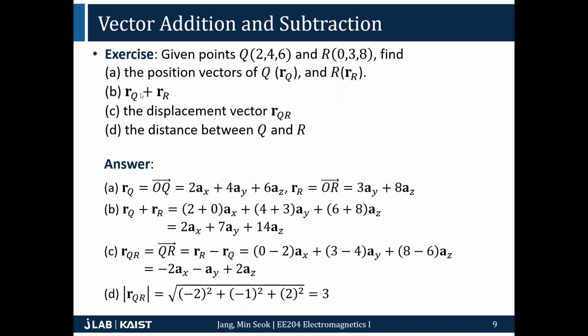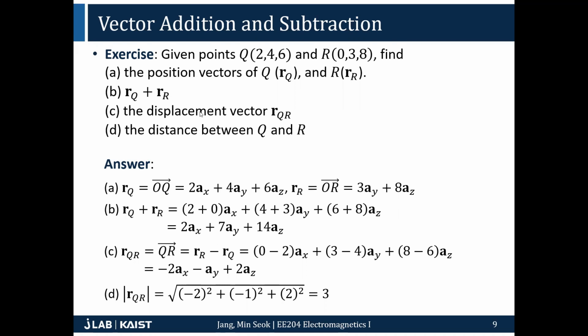And then RQ plus RR is again adding component by component: 2 plus 0, 4 plus 3, and 6 plus 8.